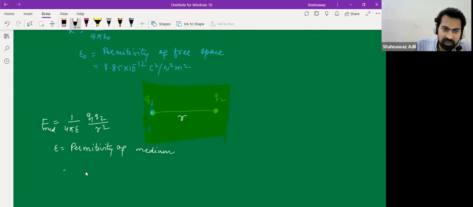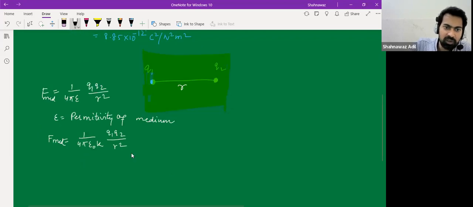We can write this epsilon as epsilon naught K, so 1 by 4 pi epsilon naught K, Q1 Q2 by R square.